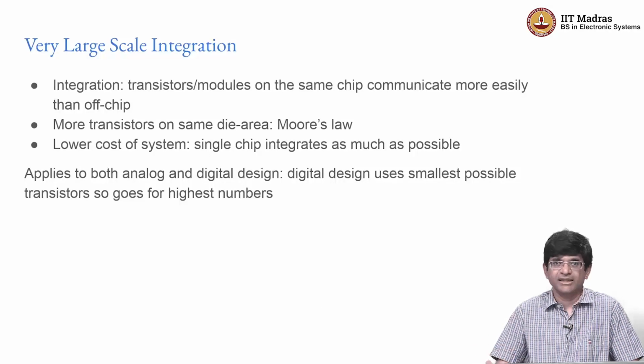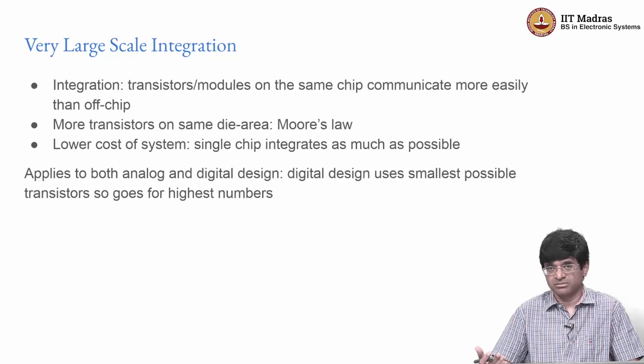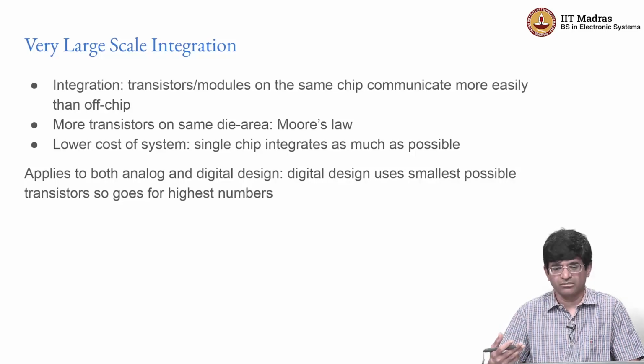To understand the background of why modern digital design goes towards this idea of systems on chip, and this is basically the reason why we are looking at it as part of this course, it's the natural end game as far as digital design is concerned, at least as things stand right now. We started off with a notion of how we could integrate more and more transistors on the same chip.